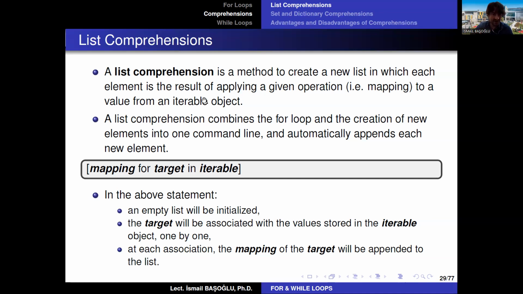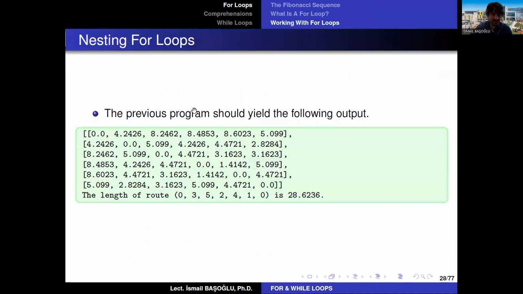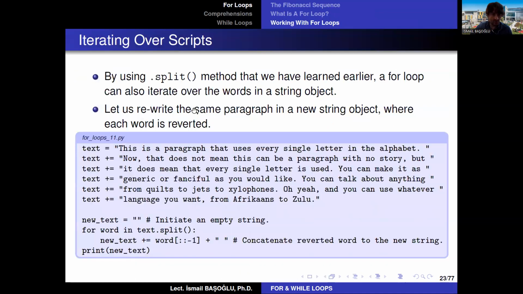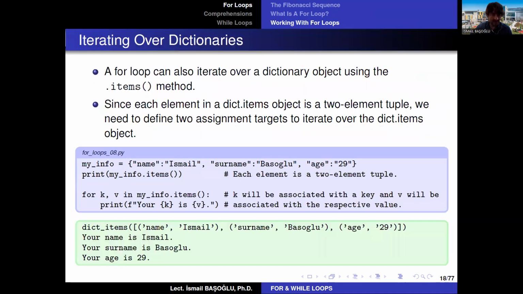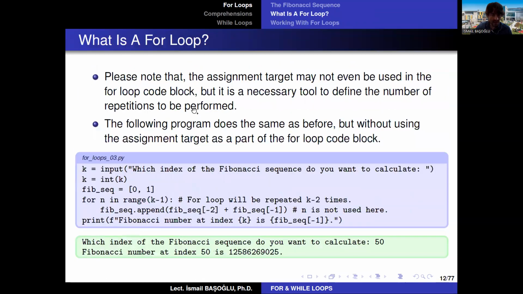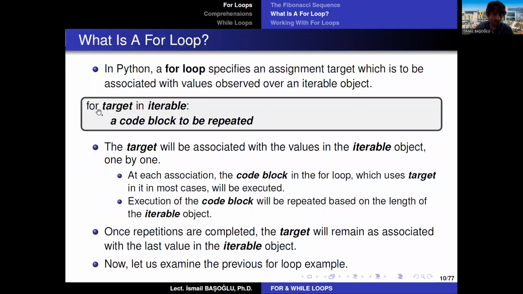So far we have covered the for loops, right? What is the main logic of a for loop? So let's go back a few slides. We have said that in a for loop in Python, there is an assignment target that is the driving force of the for loops. That's just a variable.